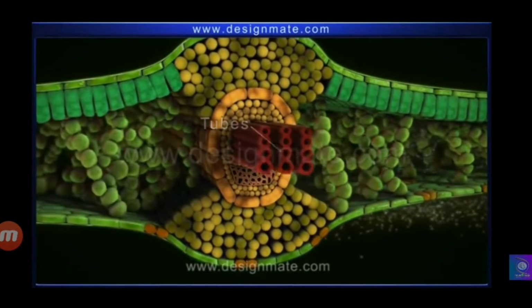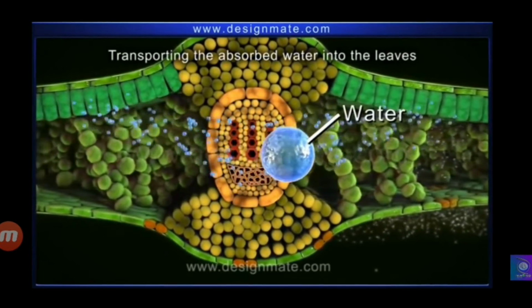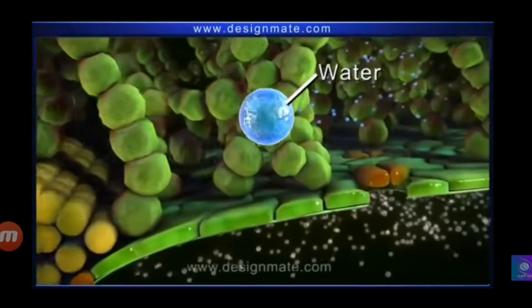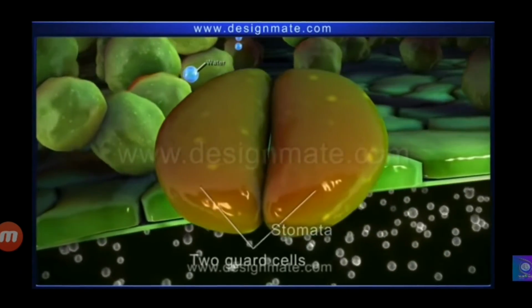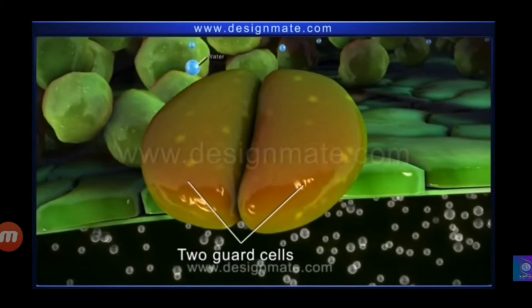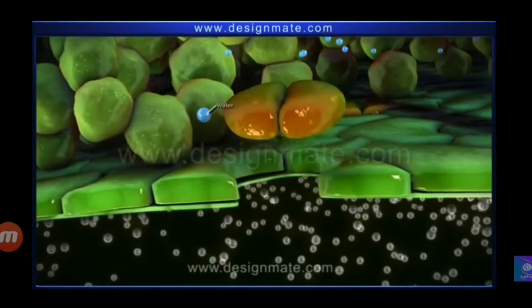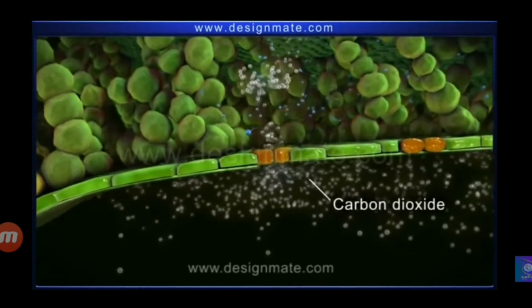And there are the tubes, shown in red, that transport the absorbed water into the leaves, for example the water and the minerals in it. And the stomata are surrounded by two guard cells, which rhythmically open and close.